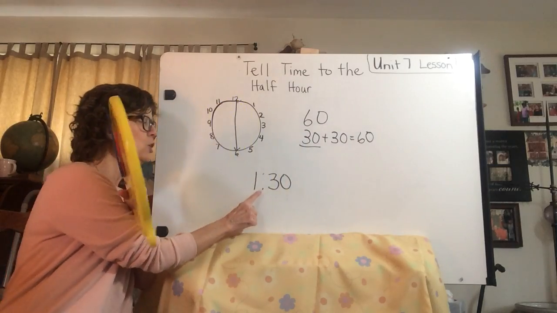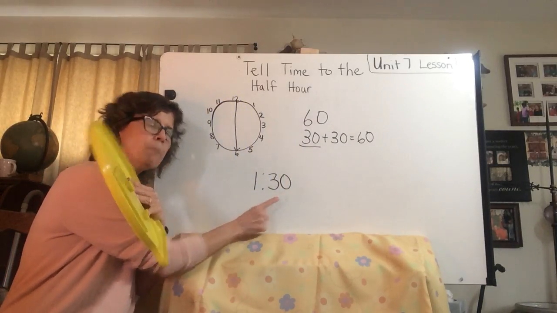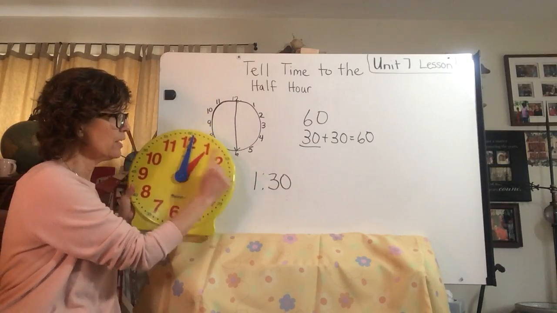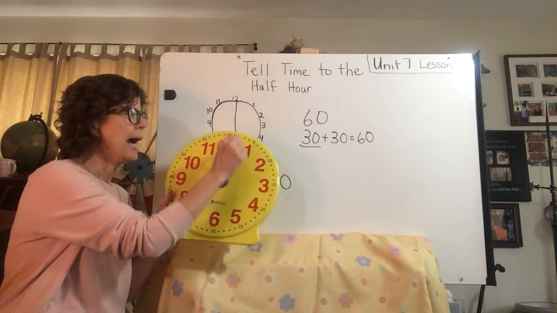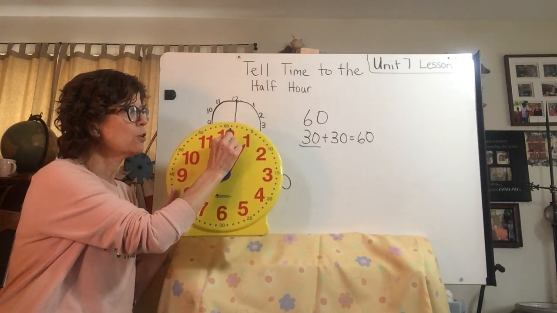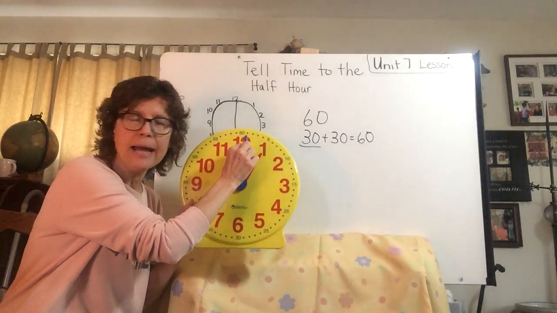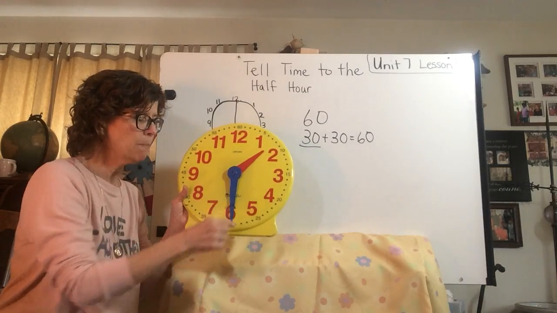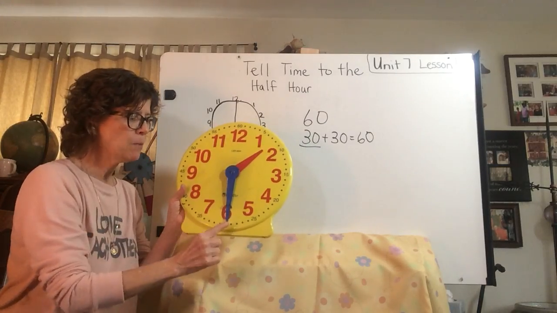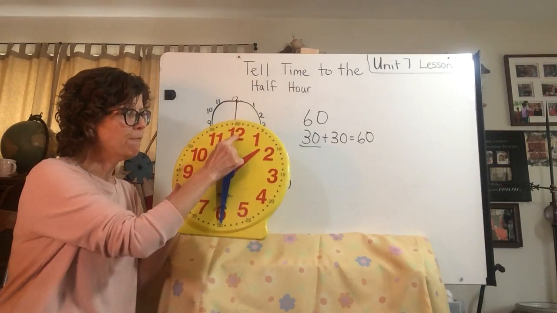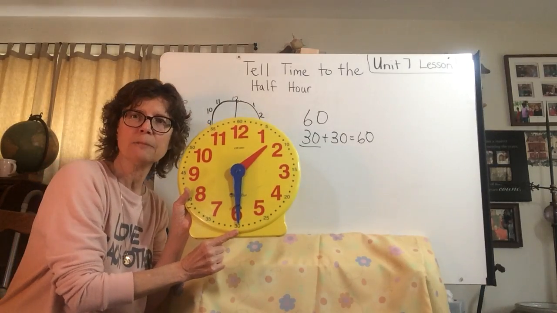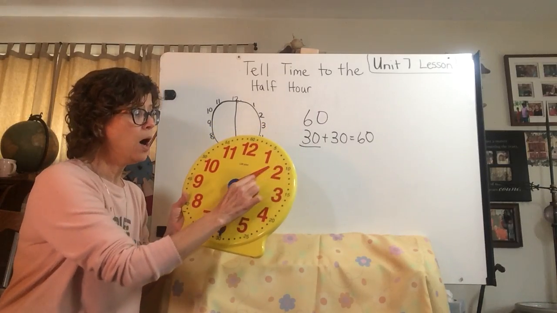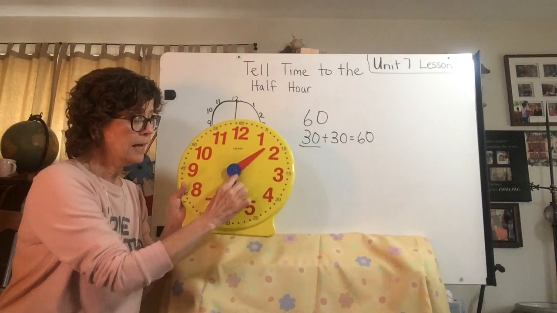So if I want to find 1:30, I'm going to find the 1 o'clock, which is here. There's the hour. I'm going to go down to the 30. And you could either count by fives, 5, 10, 15, 20, 25, 30. That's halfway. Or you could remember, half of 12 is 6. Whichever way works for you.